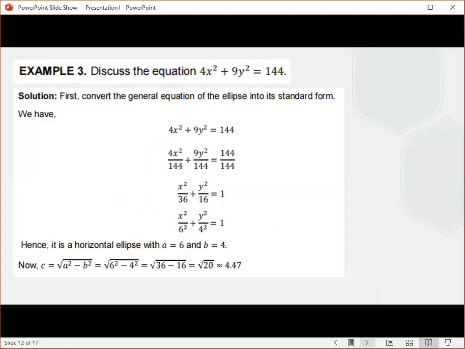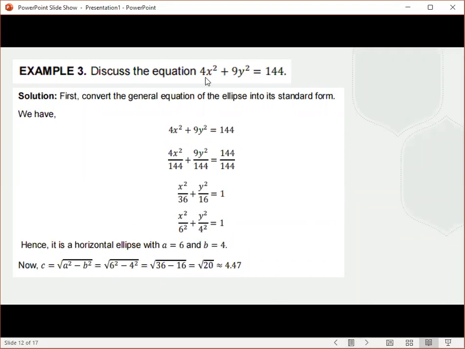This time, we will not just simply convert the equation into its standard form. We need to discuss the equation. When I talk about discussing the equation, we need to identify the necessary points to graph the ellipse. Those are the center, the vertices, the foci, the co-vertices, and the endpoints of the latus rectum.